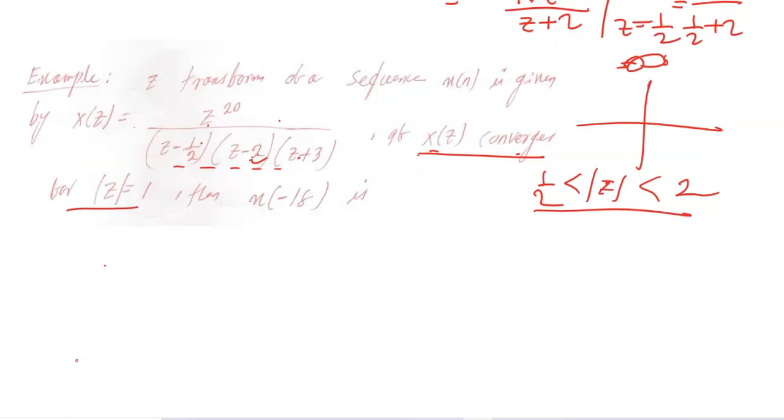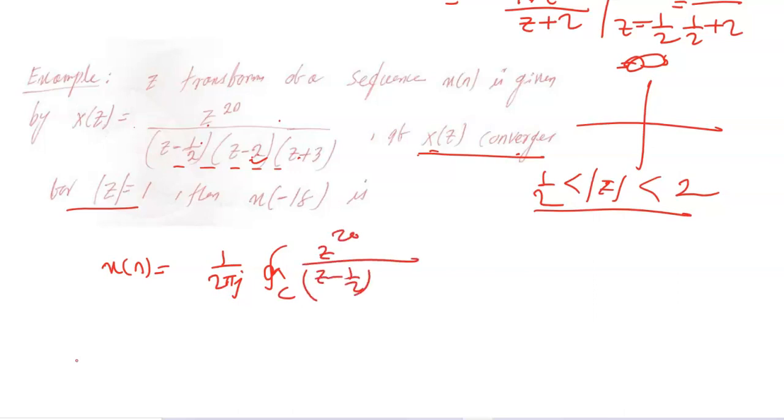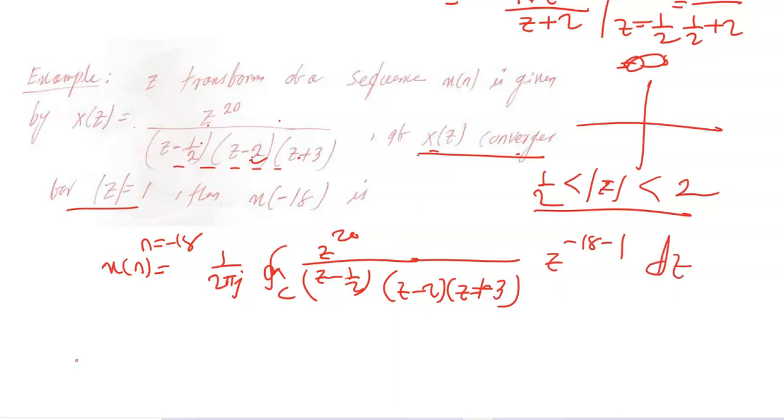Same way, x of n is equal to 1 upon 2 pi j, counterclockwise integration, contour inside the ROC, z to the power 20 upon z minus half, z minus 2, z plus 3, with n equal to minus 18, so z to the power minus 18 minus 1 dz.